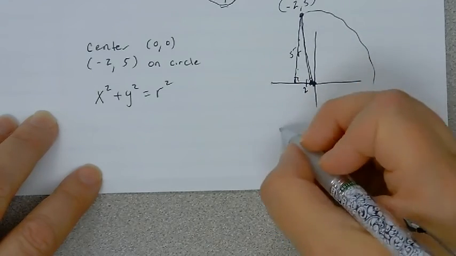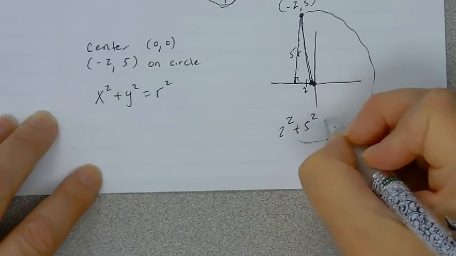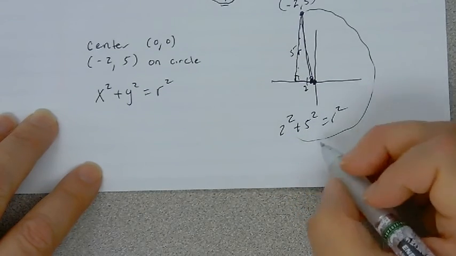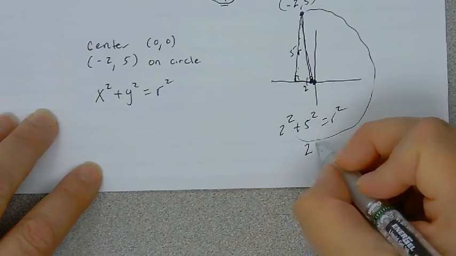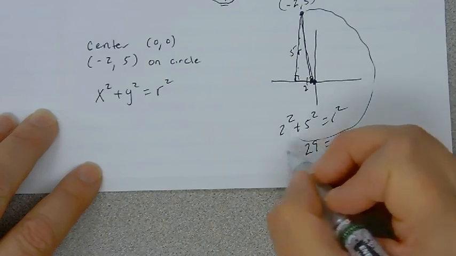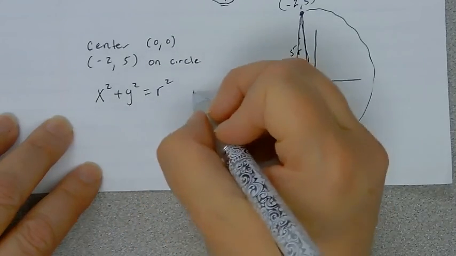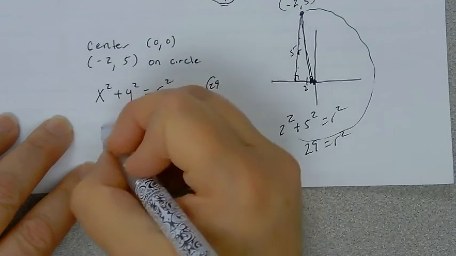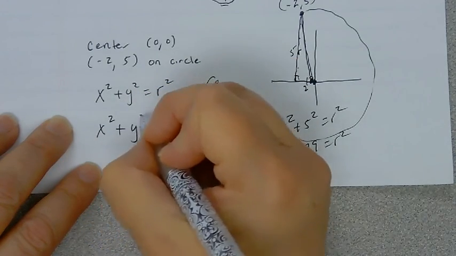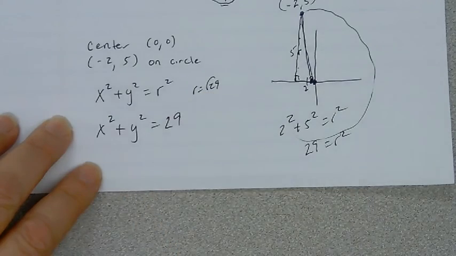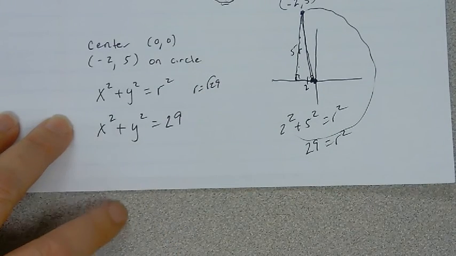So this hypotenuse then would be 2 squared plus 5 squared equals the radius squared. So 29 equals r squared, so r equals the square root of 29. So the formula would be x squared plus y squared equals the square root of 29 squared, which is just 29.